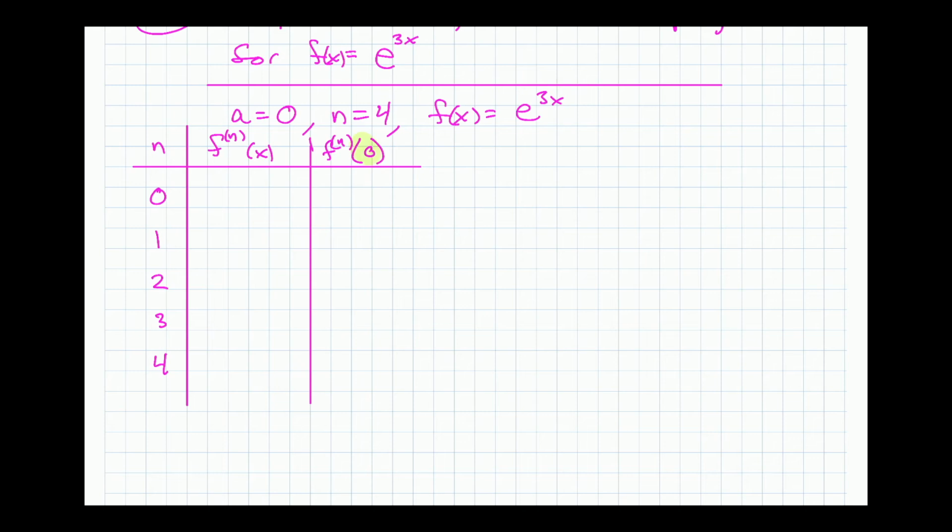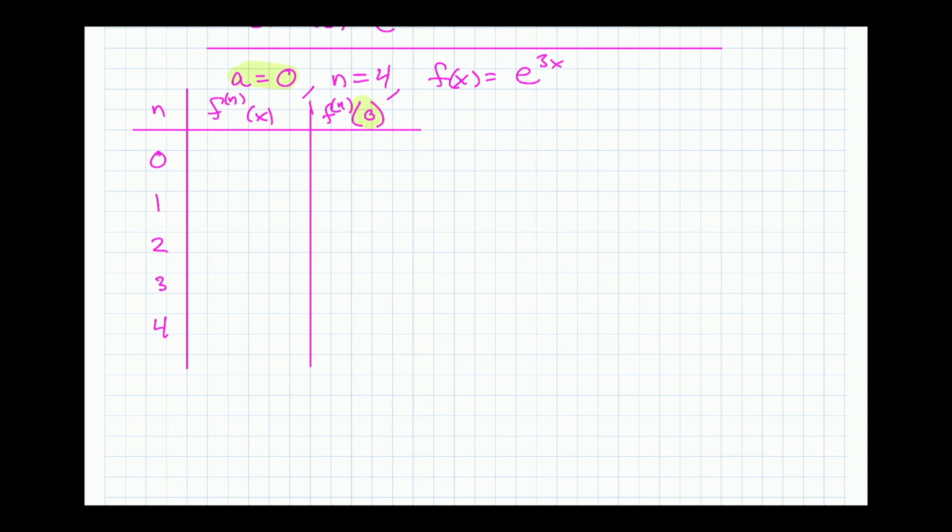Okay, so let's try to do this. So remember, the way you start out is whatever your function is, that's what goes here. Not the derivative, like the 0th derivative is the original function, right? So you do that, and then we take derivatives.